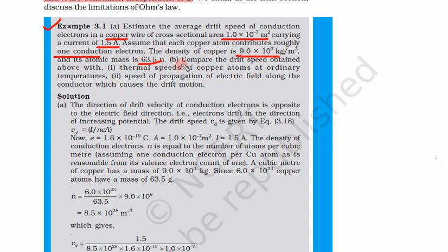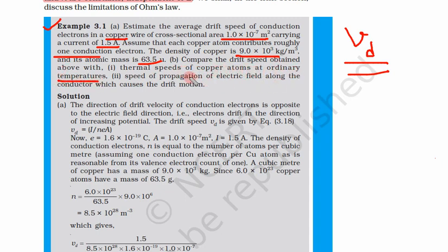Now what we have to do? So first we have to calculate the drift velocity with these numbers. Compare the drift velocity obtained above with the thermal speeds. Remember, we have calculated the thermal speeds for gas atoms, which was about 500 meter per second to 1500 meter per second. So that kind of speed we have to calculate for electrons. So thermal speeds of copper atoms at ordinary temperature.